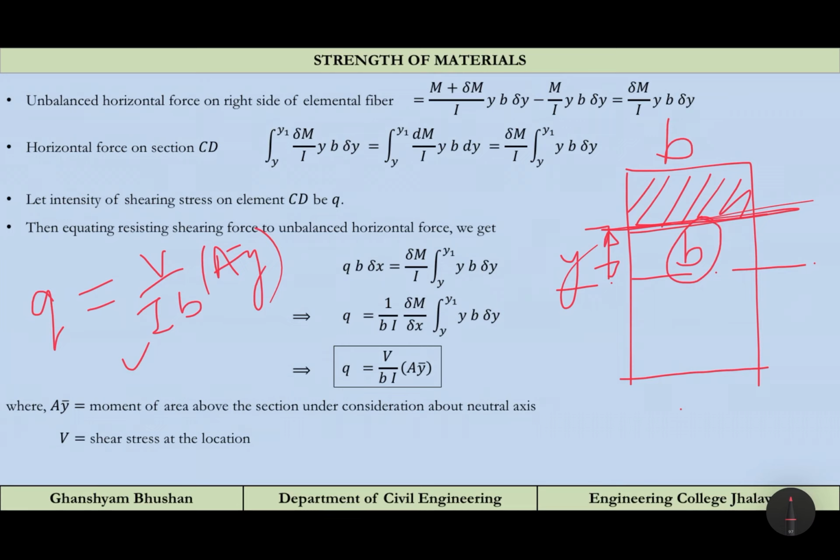Area is this area, and y bar is the distance of this area from the neutral axis. Then only it becomes A y bar, the moment of area of that particular section about the neutral axis. So you have to be very careful in taking the area and y bar.